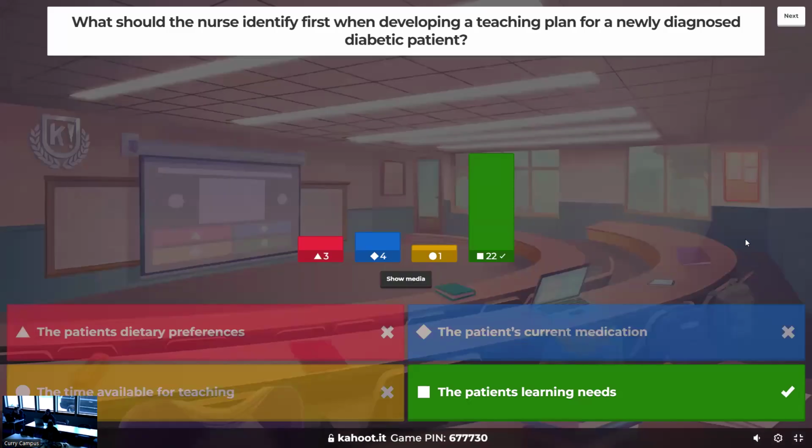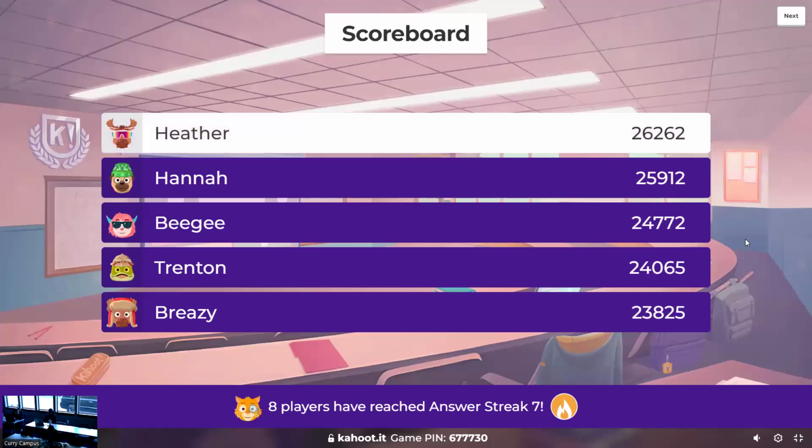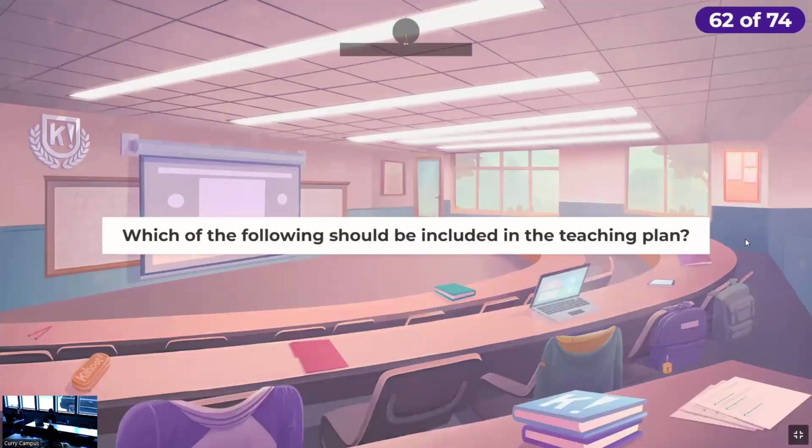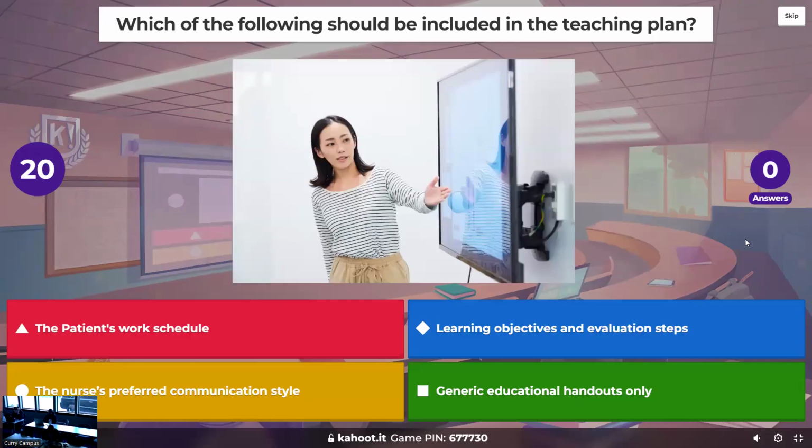All right, the patient's learning needs. That's the most important. Dietary preferences, probably later in the teaching. 10 minutes left. Which of the following should be included in the teaching plan?